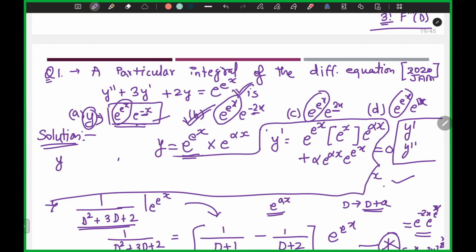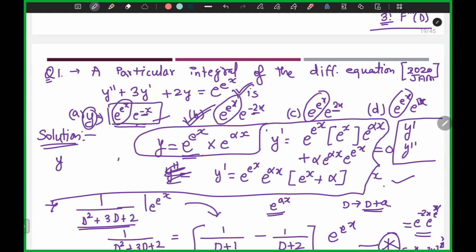And what is y dash? Oh, sorry, y double dash. So first, what you can take common, like you can write here y dash, you can take common e^(e^x), e^x, e^(alpha x). Then also you can take e^(alpha x) as a common thing. Next, you have e^x plus alpha, right?